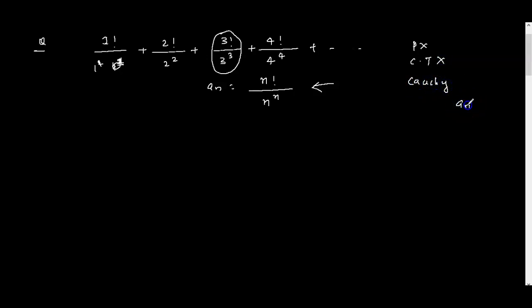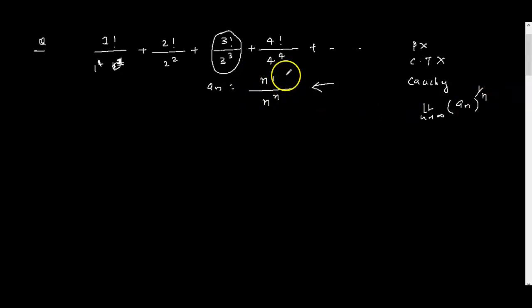If n is given as a power, you can take the power 1 by n. It's 1 by n only. Cauchy's root test, power of 1 by n.